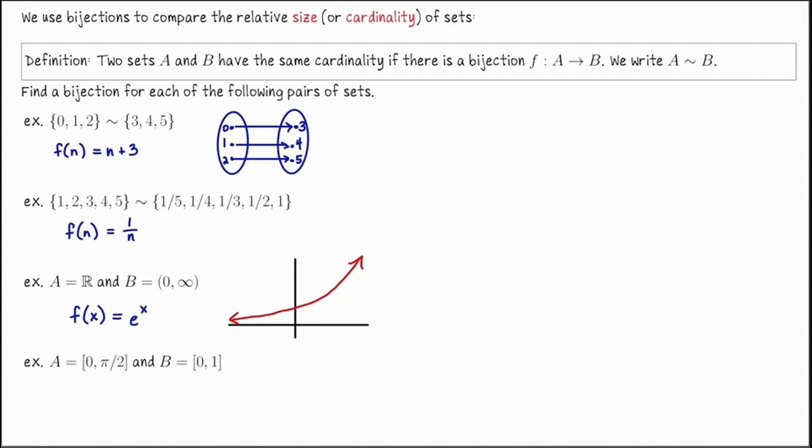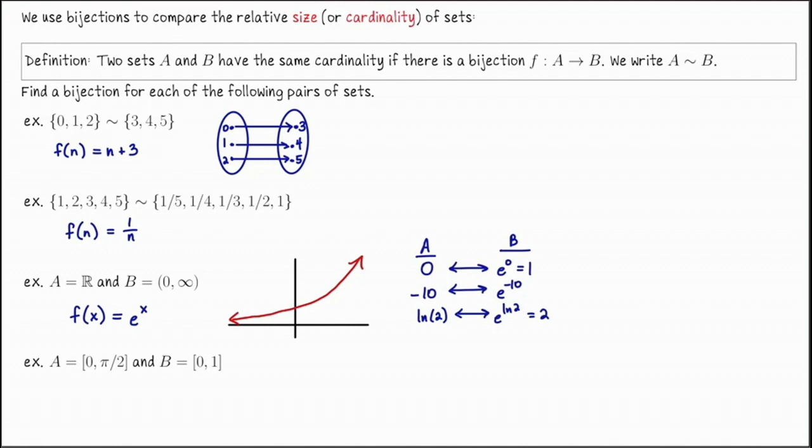So we can write down a pairing, and our pairing is going to look kind of like this: if I take 0 in A, that pairs up with e to the 0, which is 1, in B. If I take negative 10 in A, that pairs up with e to the negative 10 in B. If I take natural log of 2 in A, that pairs up with e to the natural log of 2, which is just 2, in B. So these two sets kind of go hand in hand. So these two infinite sets, in fact, have the same cardinality.